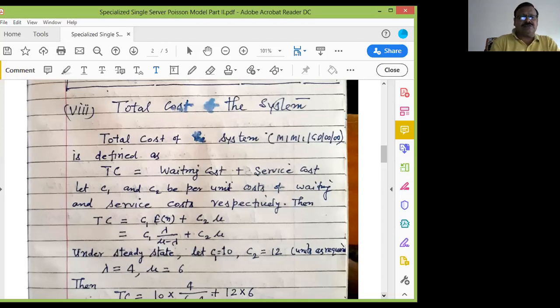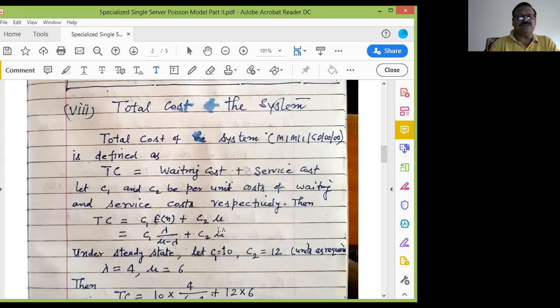So total cost, TC, is what? TC is waiting cost plus service cost, with C1 and C2 as the per unit costs of waiting and service respectively. Then TC is equal to C1 times expected n plus C2 times mu, where expected n is the total number of customers in the system. So if one customer is charged C1, then multiply this with the total waiting cost.